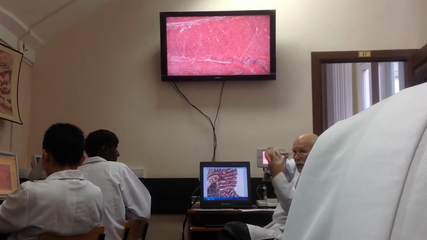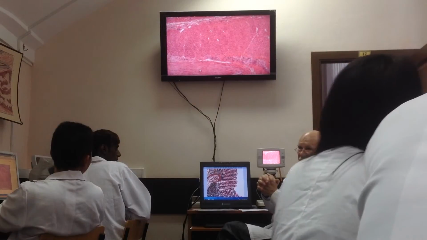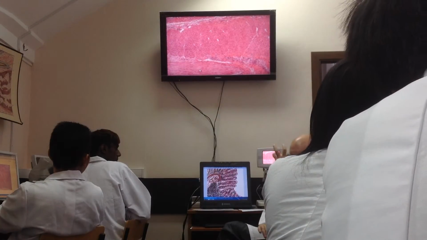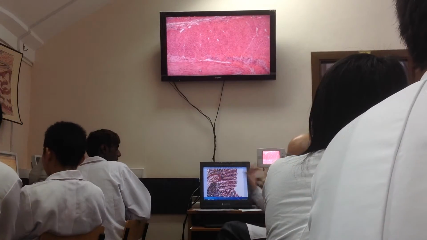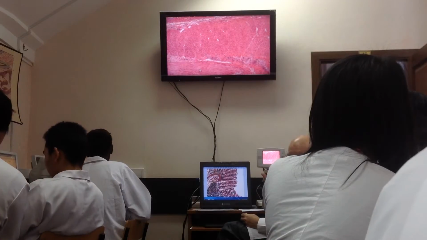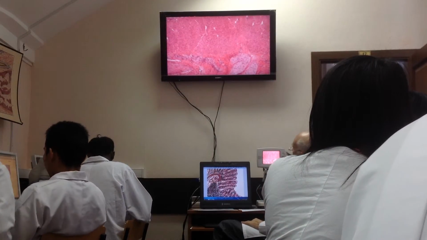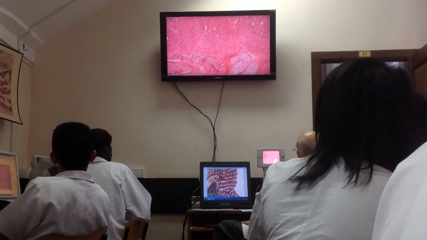So, if we know these peculiarities, we can make a diagnosis in what way the organ was cut. Organ, intestine, specimen of the organ. We can cut across, we can cut it along, and we can differentiate. Is that clear?